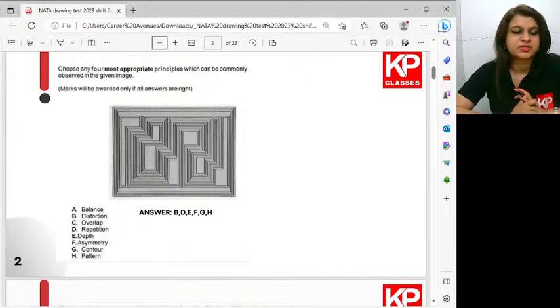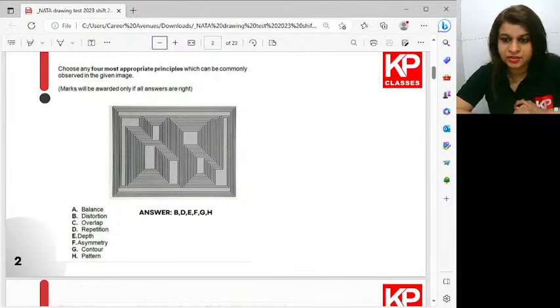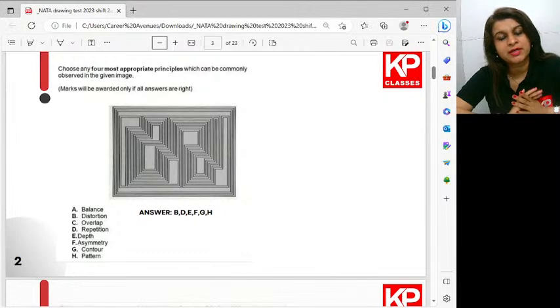We have given you all the options. You can choose any four options. So the options are distortion, repetition, depth, asymmetry, contour, and pattern. Now, please remember that a lot of students might get confused.